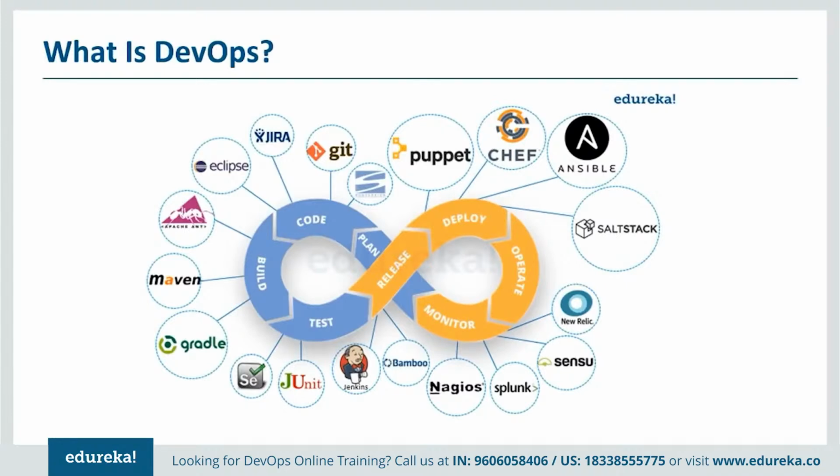Again, you can see all these different areas require different kinds of tools. If you are releasing something, then of course you can use Jenkins and Bamboo to release your stuff. Finally, you do the deployment. There are different tools to do the deployment, and then you do the operations, which means your operations team is sitting there doing all the operations work, and they are monitoring it using different tools.